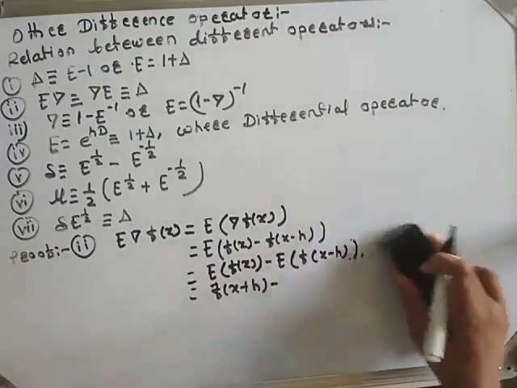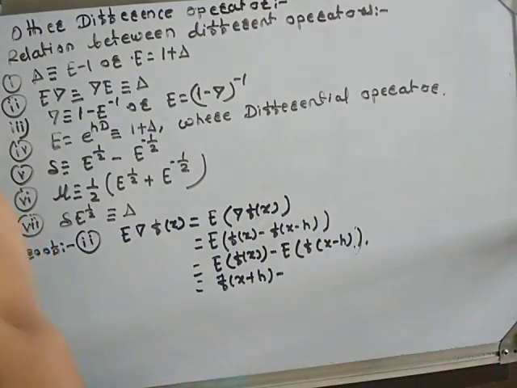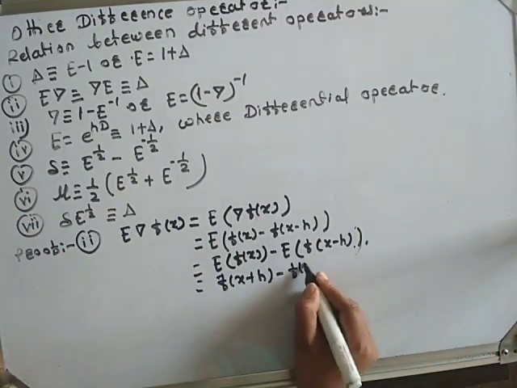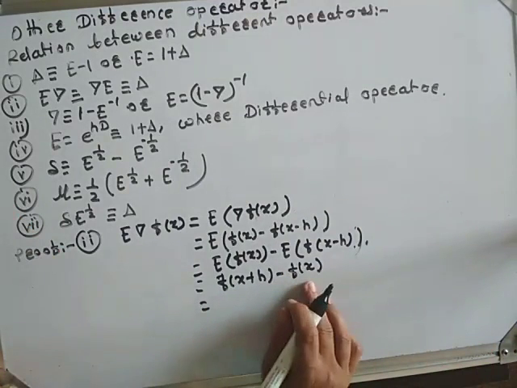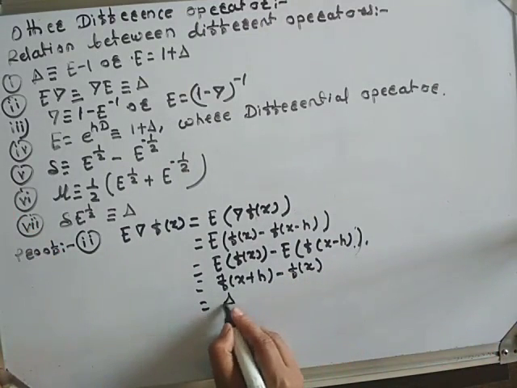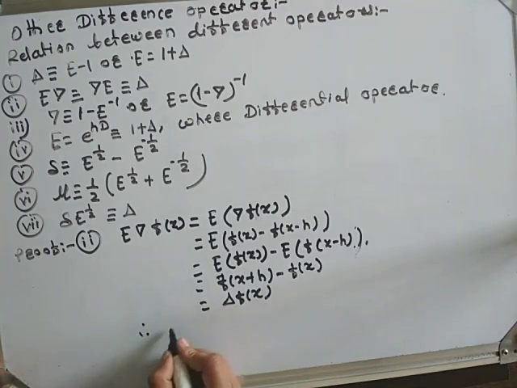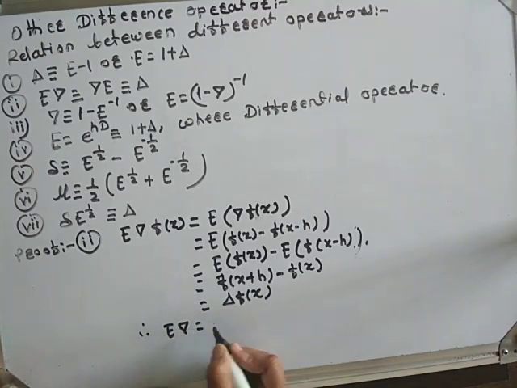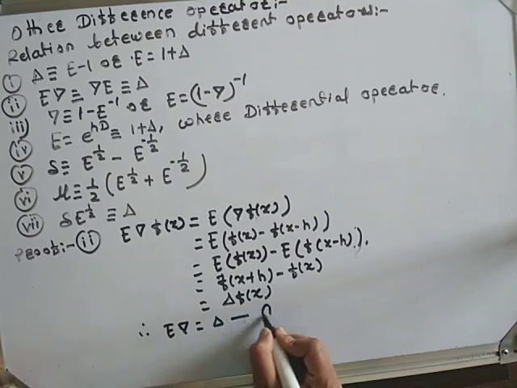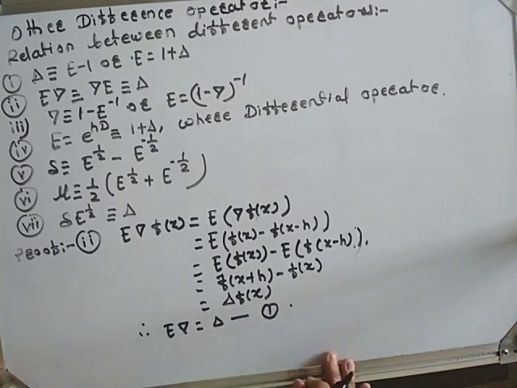Therefore, E of f of x minus h is nothing but f of x. And we know that this is the definition of delta of f of x. Therefore, we get E of del is equal to delta. Call this equation number 1.